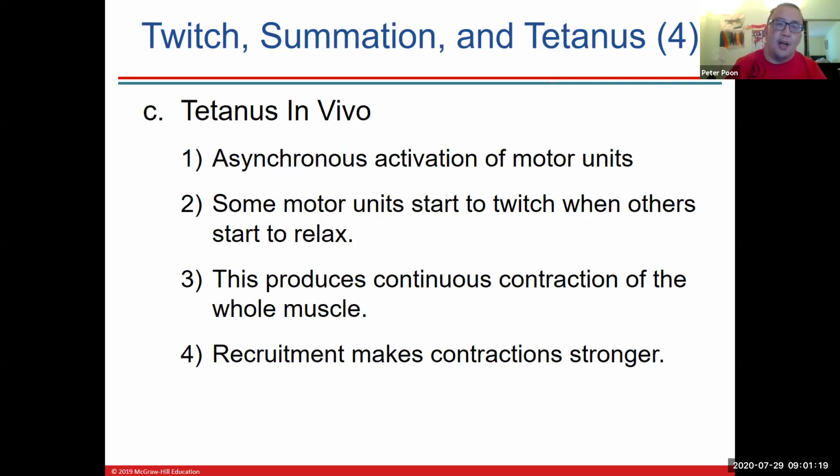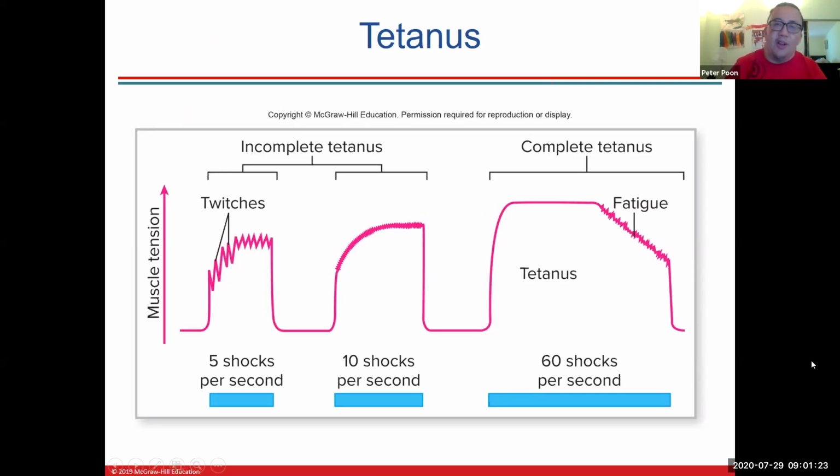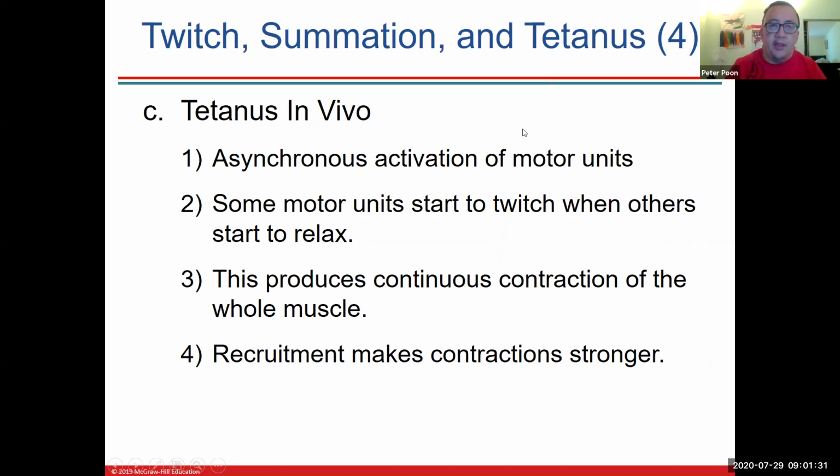This type of tetanus, this complete tetanus, really doesn't happen in reality. It happens in labs where you can stimulate. But tetanus in vivo is asynchronous activation of motor units. So when I contract, I'm not firing every single motor unit I can, even as strong as I can possibly lift.